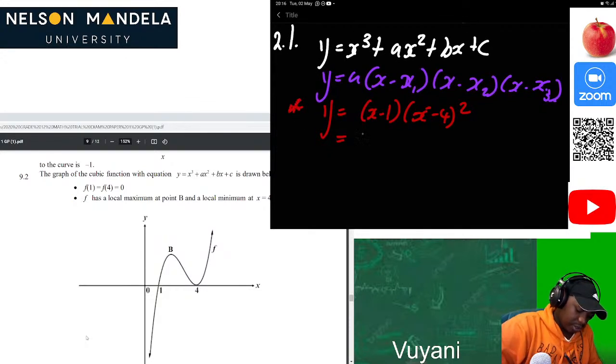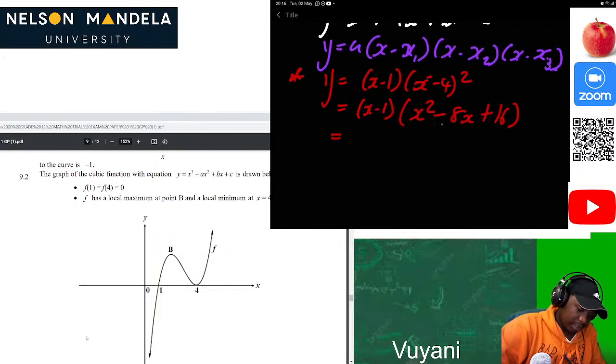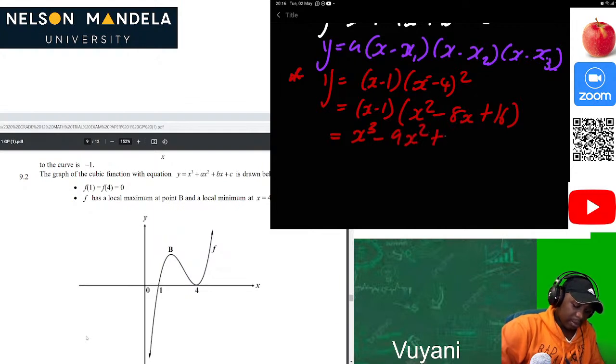Then this will be x minus 1, then that will be x squared minus 8x plus 16. Now we multiply this. This will be x cubed minus 8x squared, then minus 9x squared plus 24x minus 16.